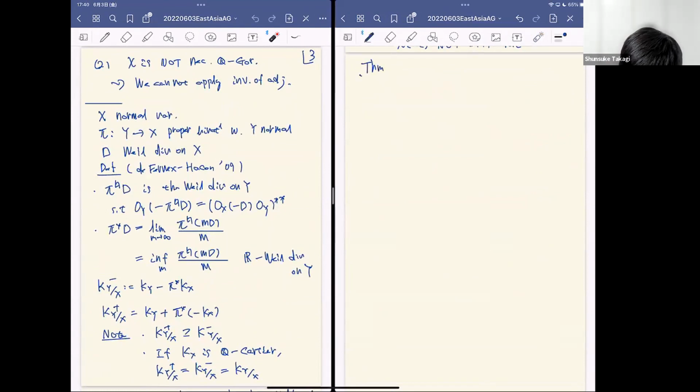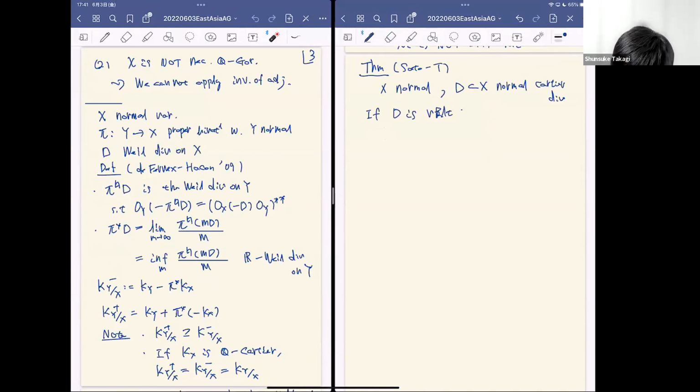Our first main result is the following. This is due to Sato and myself. Let X be a normal variety, and D is a normal Cartier divisor on X. Then if D is variably KLT, then X is also variable KLT.